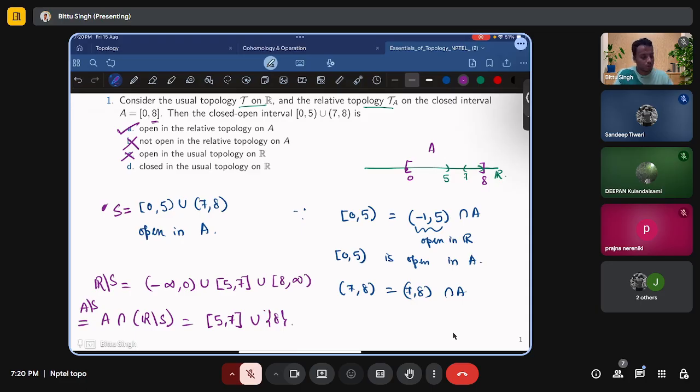Okay, so we can see that this is not open in A. Exactly, because of the issue at 8. We can see there is no neighborhood of 8 which is entirely contained in the set.